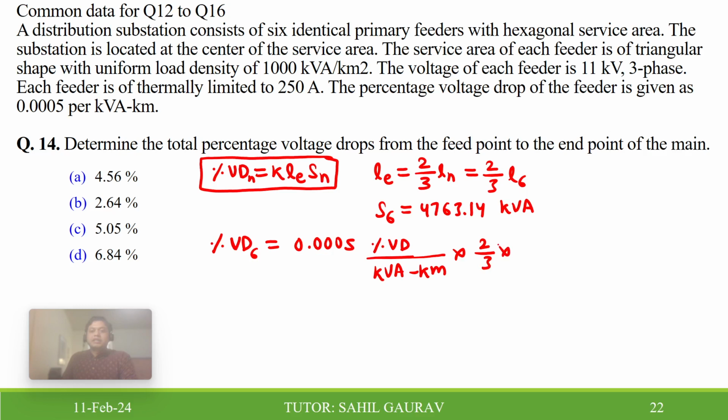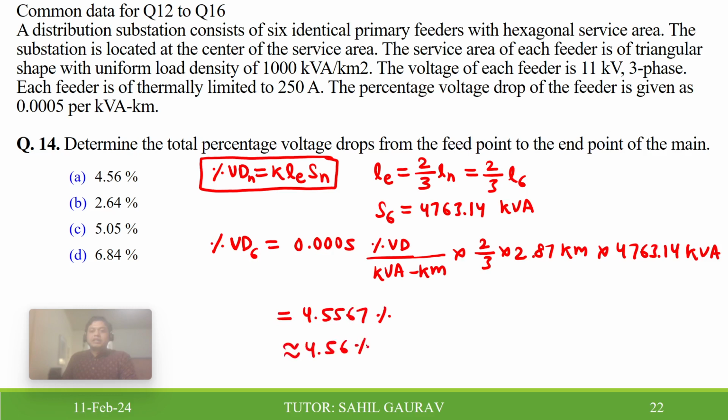L6 we have computed as 2.87 kilometer, and Sn we have computed as 4763.14 kVA. Therefore, you will get percentage voltage drop as 4.5567%. It is approximately 4.56%. A is the correct answer.